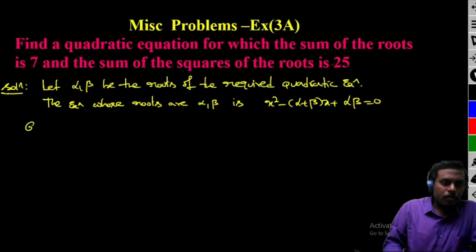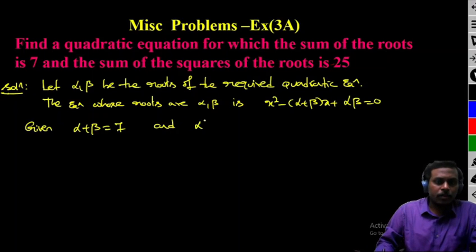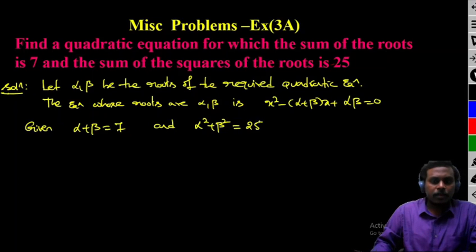Now what is given actually? Given is sum of the roots is equal to 7 and sum of the squares of the roots, alpha square plus beta square, is equal to 25.